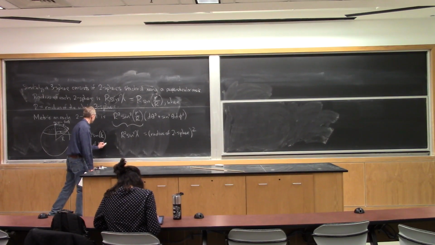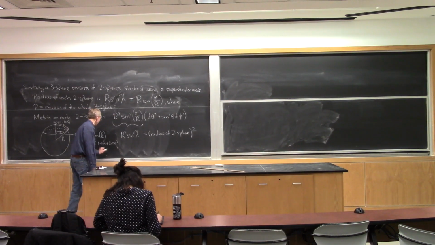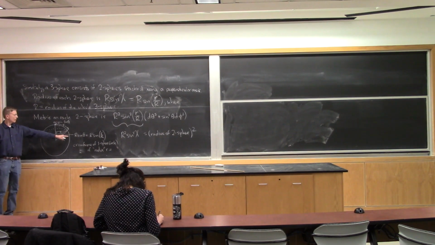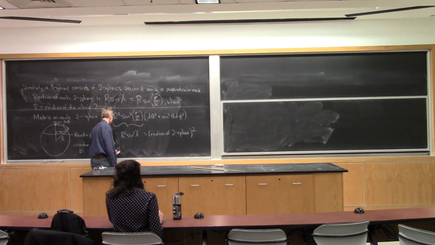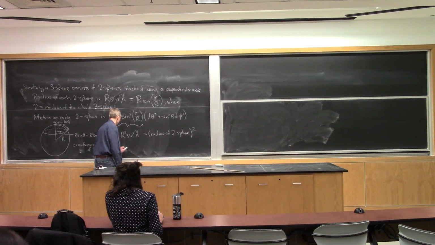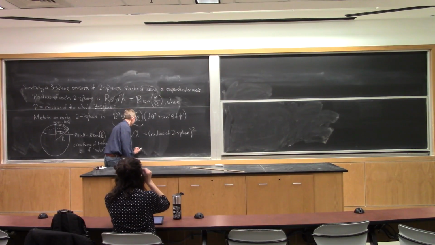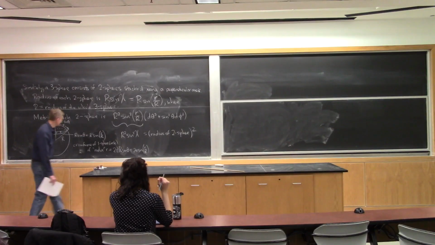Circumference of your one-sphere circle of radius, if you will, little r is equal to 2 pi times R sine theta. So that's 2 pi R sine of little r over big R.